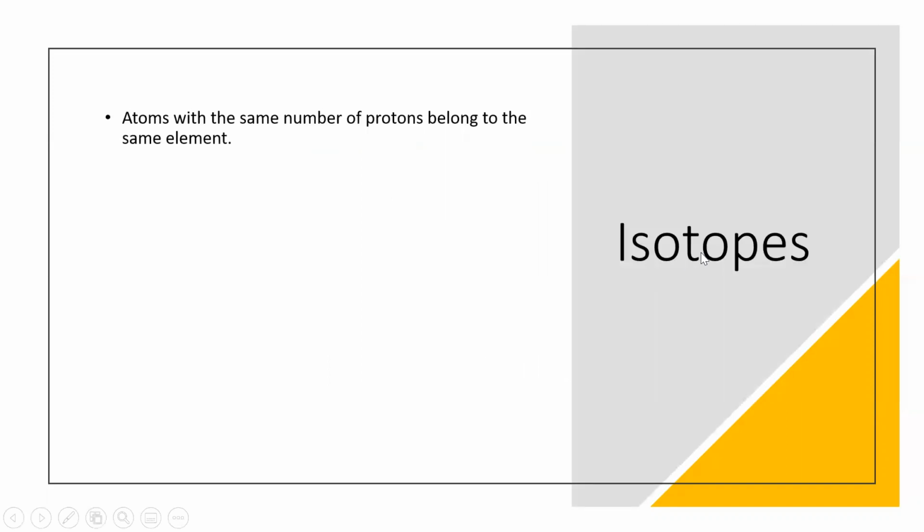Now, what are isotopes? Atoms with the same number of protons belong to the same element. Elements are like carbon, nitrogen, lithium, helium. It's only the number of protons that determines which element it is.